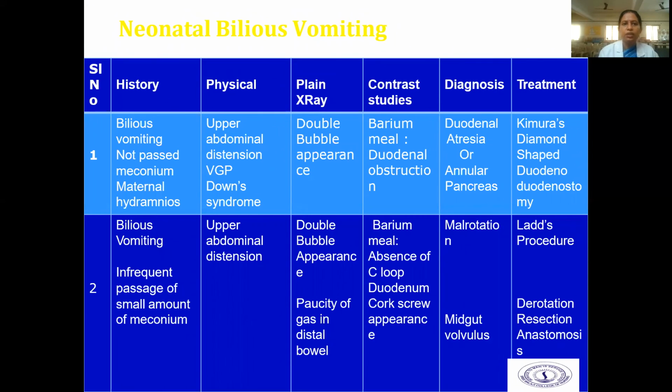Now let us see neonatal bilious vomiting: their history, physical, plain X-ray, contrast, diagnosis, and treatment. To summarize, we will see only two of these schematic diagrams. First, in the history: bilious vomiting, not passing meconium, maternal hydramnios.